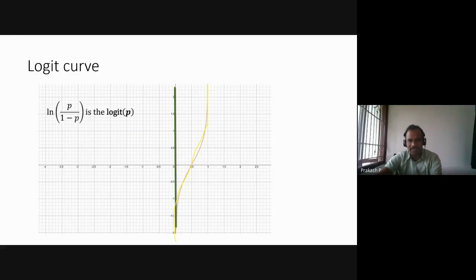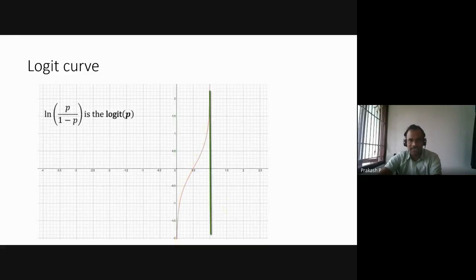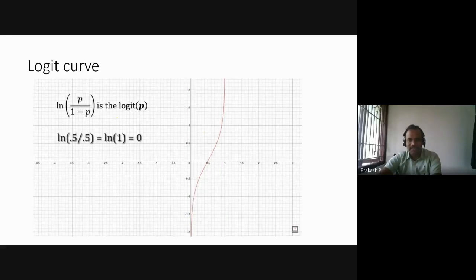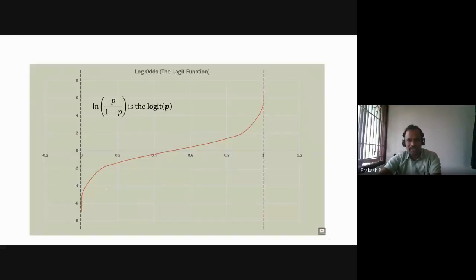For example, 0.5 divided by 1 minus 0.5 may fit into some value on the curve. This is the logit curve. If it is 0.5, it should become 1. So we are trying to move the logit curve.